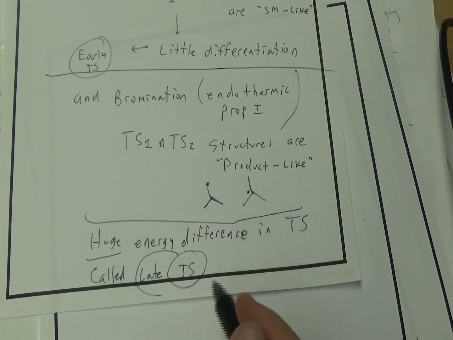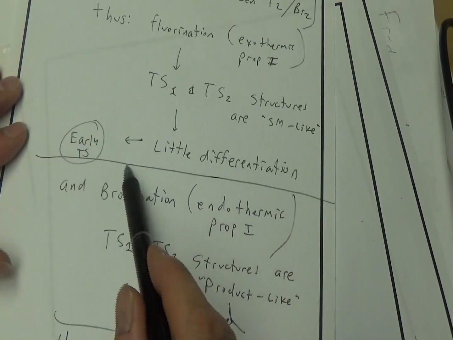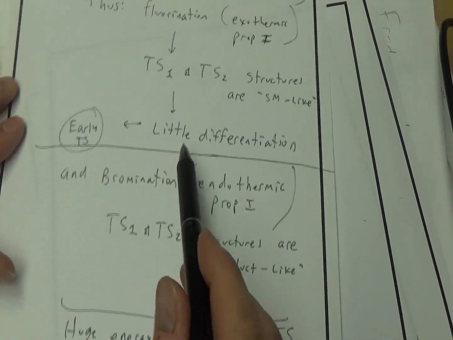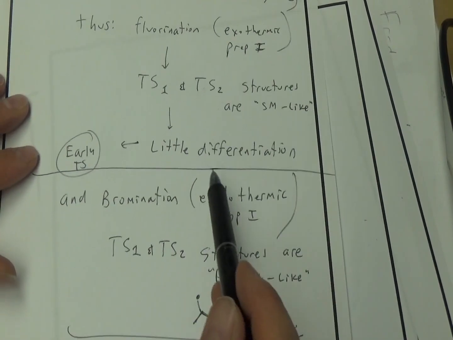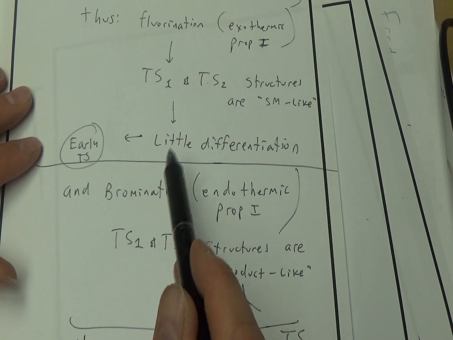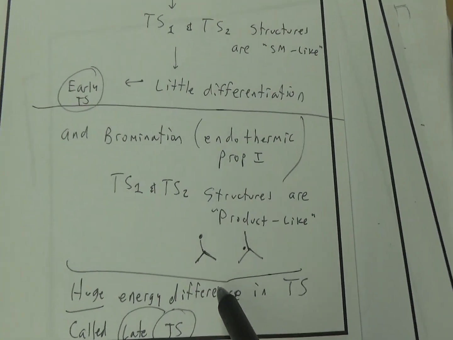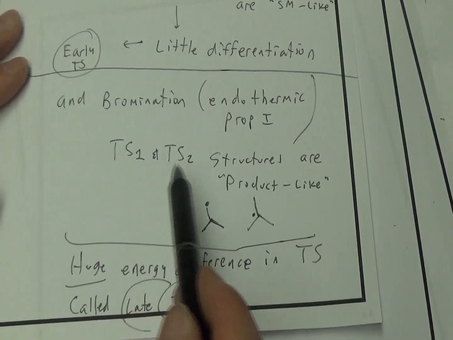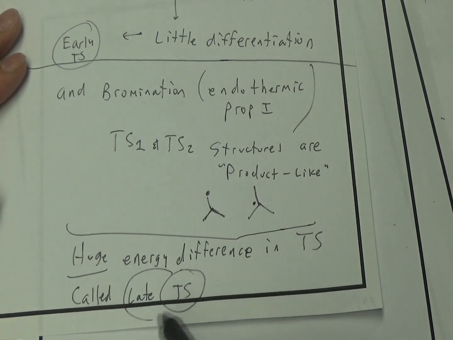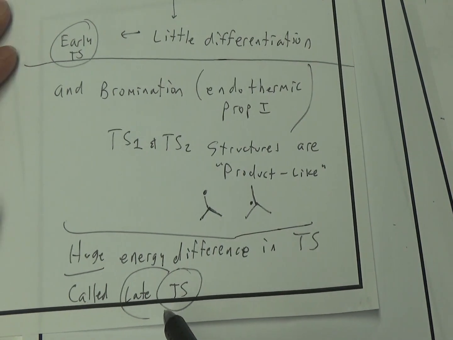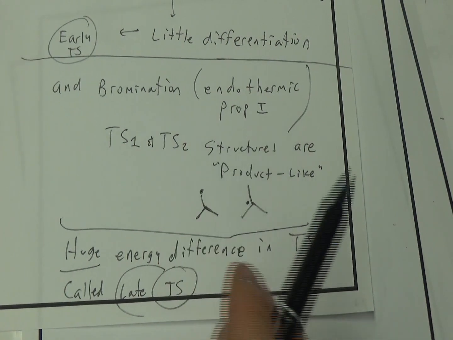And that explains, just in words, what we just showed in the figures, right? Early and late transition states. The fluorination one is an early transition state, little differentiation, and terrible selectivity. Bromination, you have tons of a difference between TS1 and TS2, the transition states. It's called a late transition state, and that explains the extreme selectivity of bromination.